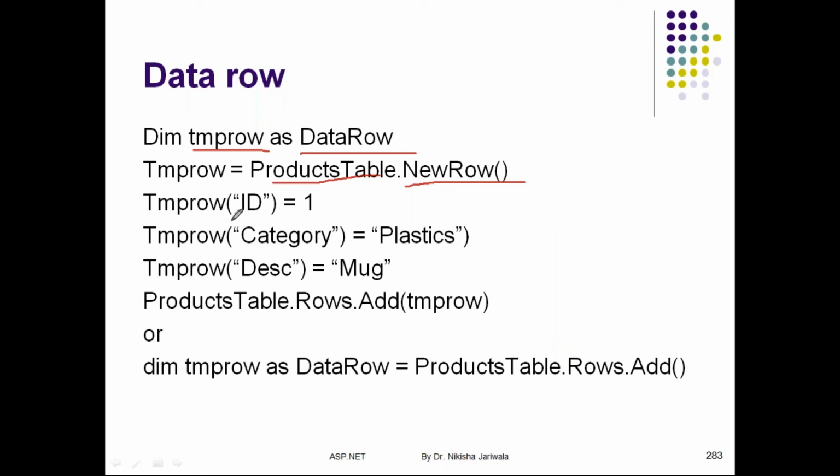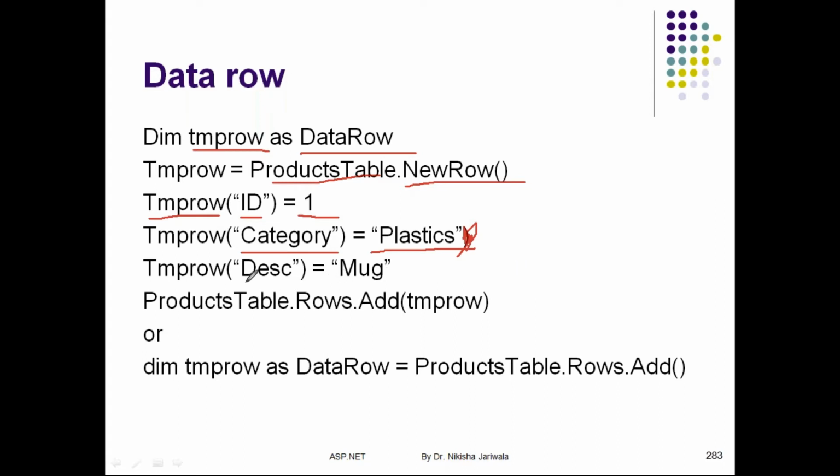So if we assume that the first column is ID, I need to write tempRow, within parenthesis and double quotation the name of the column, that is ID, and I will specify the value. After that, if the name of the column is Category, then it will be tempRow, within parenthesis and double quotation again the name of the column, that is Category, and within double quotation we will specify the value of that particular column, that is Plastics.